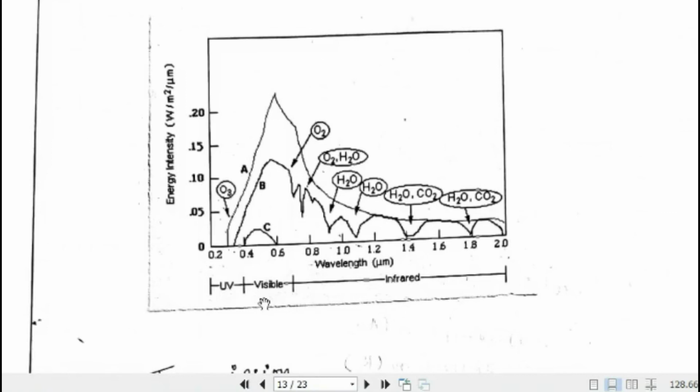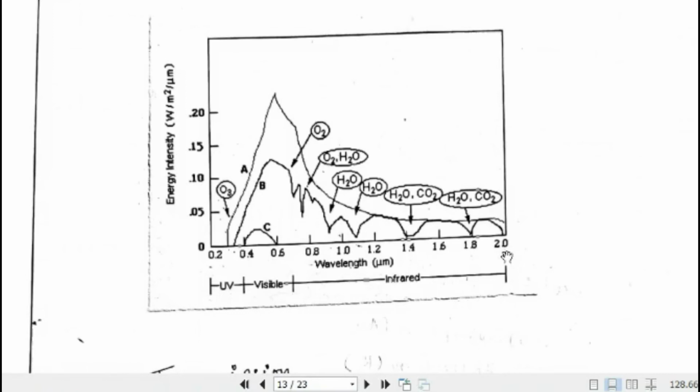And here the visible portion of the light is also absorbed by different components like ozone, carbon dioxide, and water molecules. Towards the right side, as the wavelength increases, that is towards the infrared waves, the carbon dioxide and the water molecules absorb most of the light energy, which reduces the heat energy available or transferred to the earth's surface.